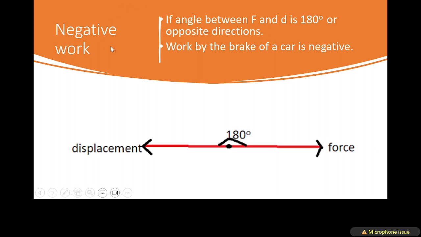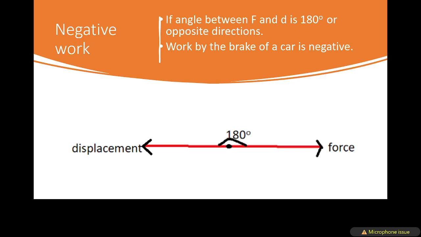Next is negative work. Wow, this is a negative work situation in our daily life. It is interesting to see that there is negative work also. The force is in the opposite direction to the displacement. And the best example is when you use the brake of your ride, brake of the bike or the bicycle or the car.